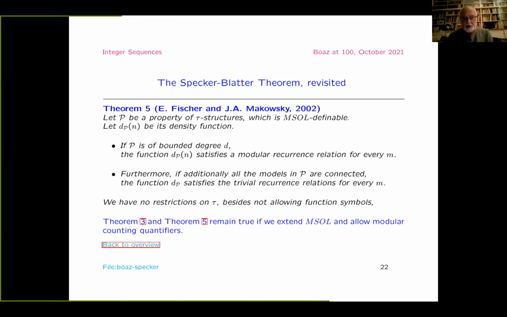And furthermore, if additionally all the models in P are connected, the function dP satisfies the trivial recurrence relation for every m, meaning that modulo m, it is always 0 or constant. We have no restrictions on tau besides not allowing function symbols. Theorems 3 and 5 here remain true if we extend monadic second order logic to allow modular counting quantifiers.